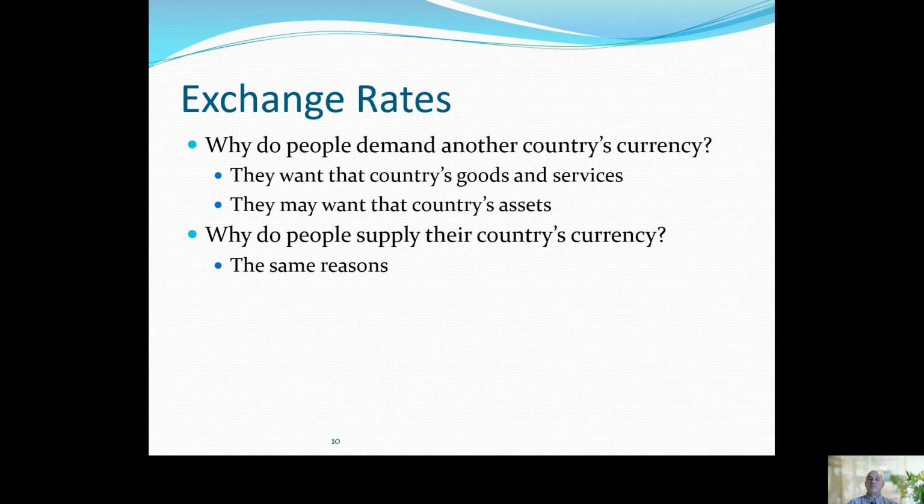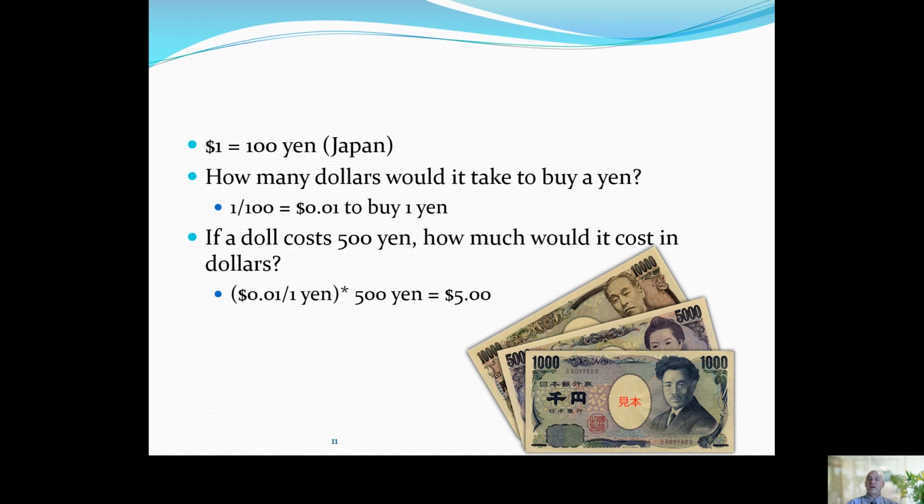I'm willing to supply US dollars when another country desires to purchase things that are produced in the US. We have to supply US dollars and make that exchange. So an exchange rate, again, is the price of one country's currency relative to the price of another country's currency.